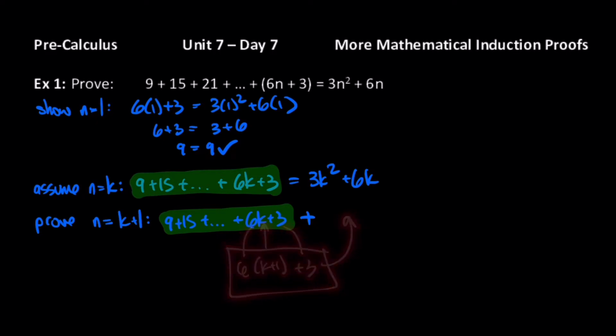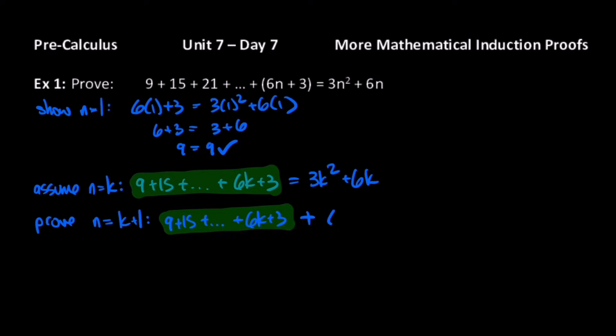That's going to be my next term: 6 times k plus 1 plus 3 equals. Now over on the other side, I replace both of these with k plus 1. Use your parentheses. 3 times k plus 1 squared plus 6 times k plus 1.